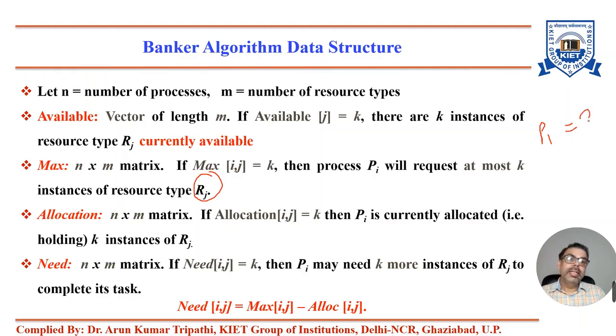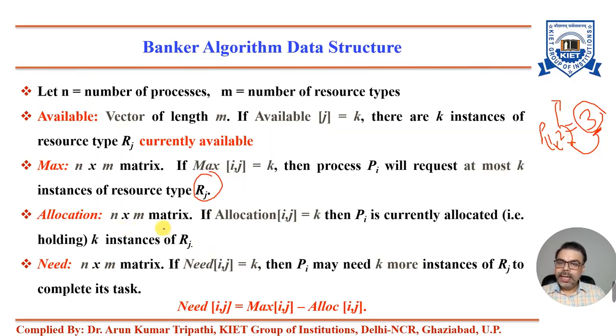Suppose I have given a number to resource j as 2. So process 1 requires 3 instances of resource type 2. If 2 is given to the printer resource, then process 1 requires 3 instances of the printer.